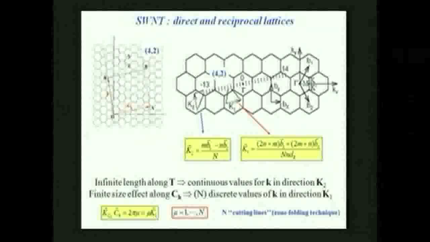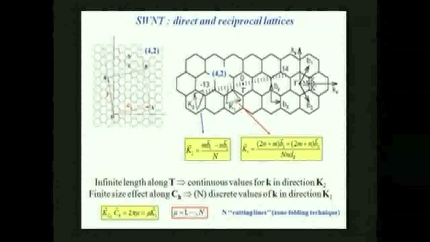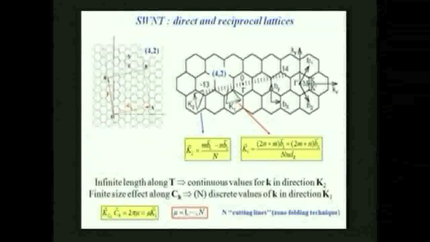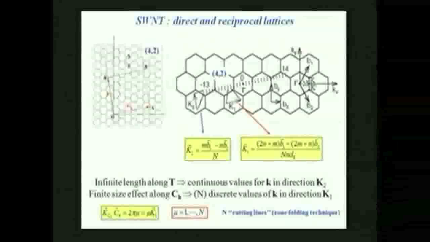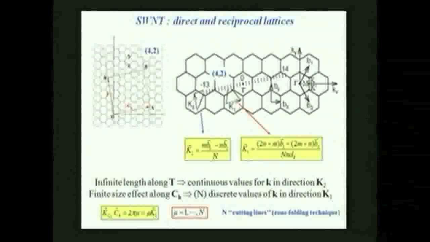Therefore, the values of the wave vectors in the reciprocal lattice in the K1 direction are not continuous. They are discrete, and they are sketched on this graph by these different lines.